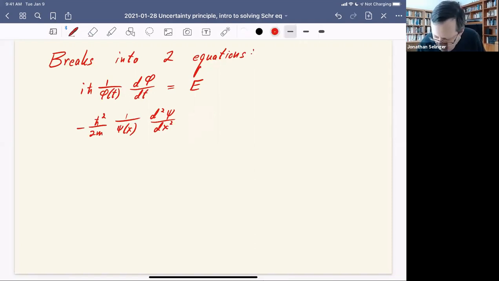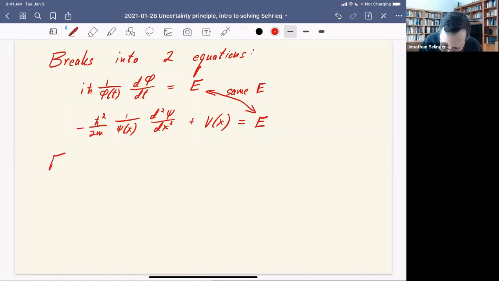Plus v of x is equal to E. And these things have to be the same E. So it's like divide and conquer. Now we've separated out the x dependence and the time dependence. So what can we do with this? Well, first, let's think about the time equation.